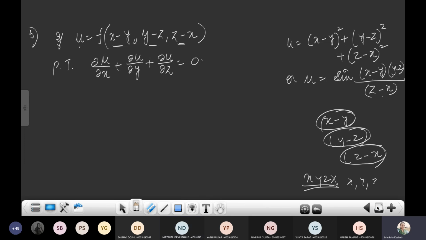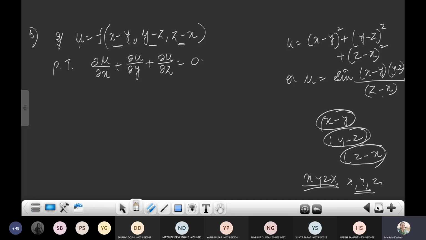Directly x, y, z इस टाइप का वेरिएबल नहीं आएगा. Like sin x plus sin y ऐसा नहीं आएगा. It will be always sine of x minus y or log of x minus y plus log of y minus z, something like that. Right? So we are saying that u is a function of x minus y, y minus z, z minus x.